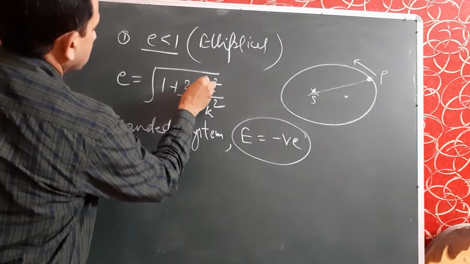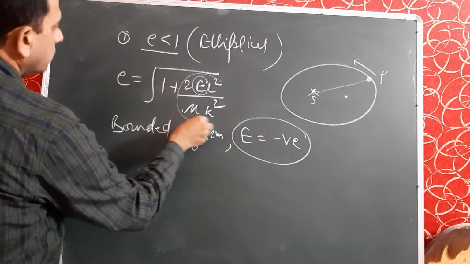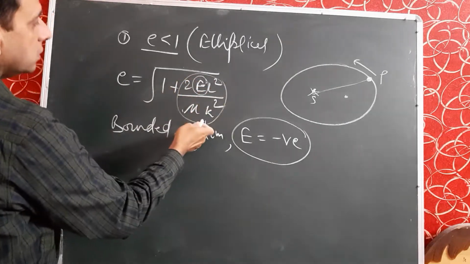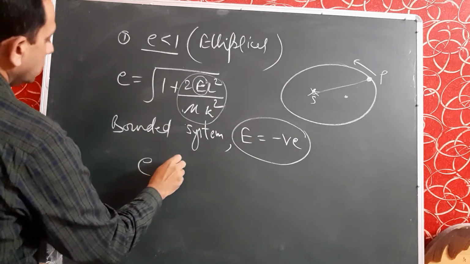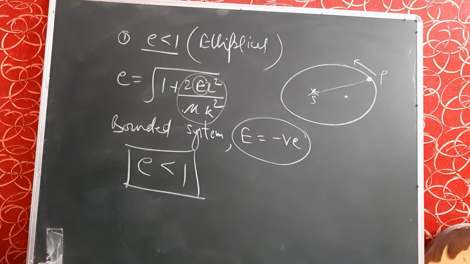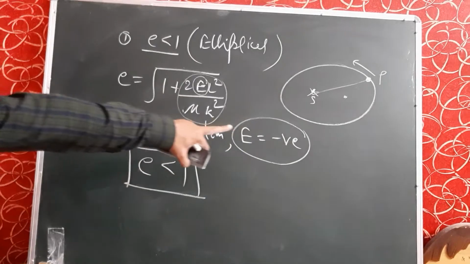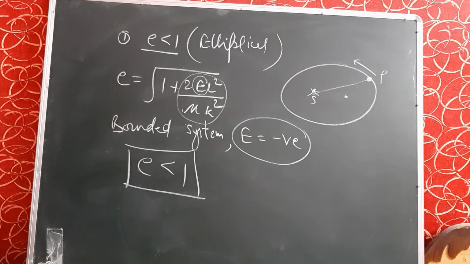If E is negative, then this whole term becomes negative, because negative times all positive terms is negative. So 1 minus something is less than 1, so e will become less than 1. So this is the first law. We have proved in a single line that for the bounded system the condition is E is negative, and we have applied this condition in the eccentricity, so the eccentricity becomes less than 1. This proves that the path followed by the planet around the sun is always elliptical.